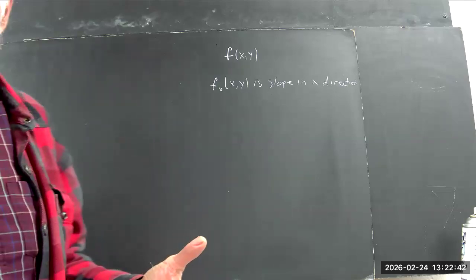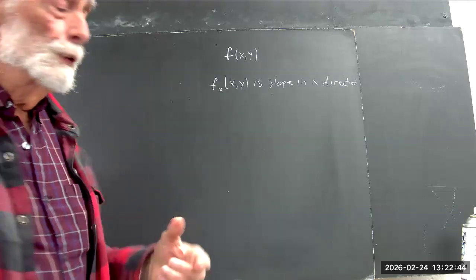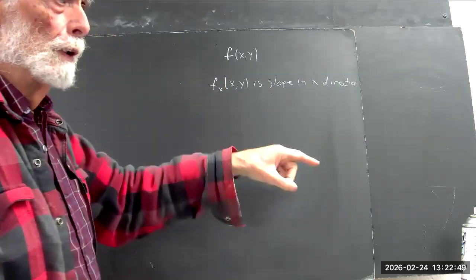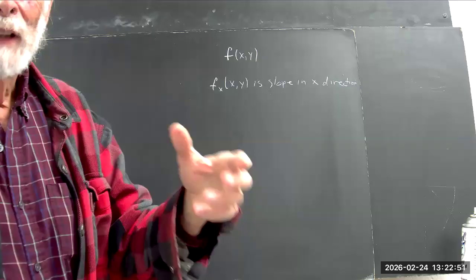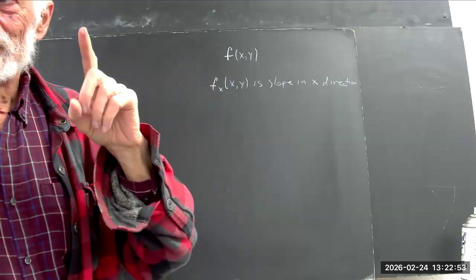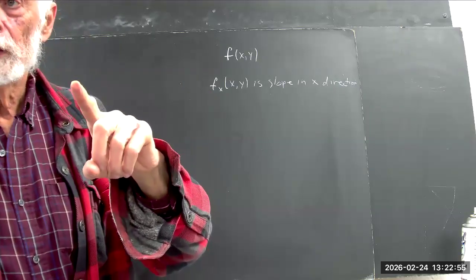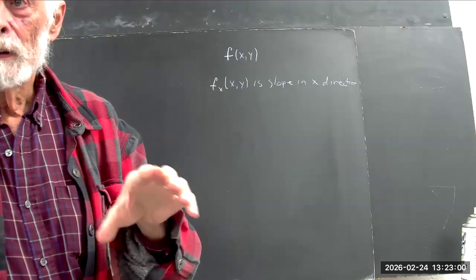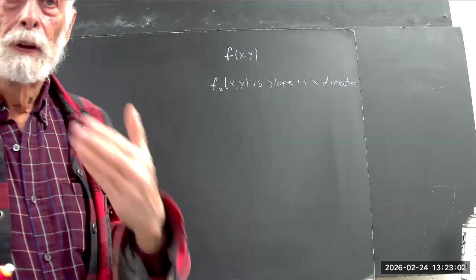Now, I'm not being real specific. I could say fx evaluated at a specific point, x naught, y naught, is the instantaneous slope if you move in the x direction from point x naught, y naught. But I'm not going to get that specific. You understand that it's a slope in the x direction.